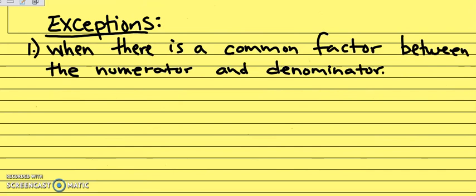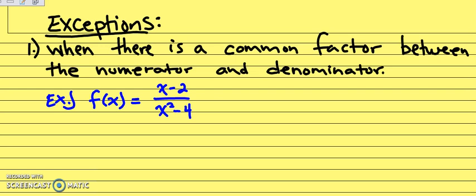An exception is when there is a common factor between the numerator and the denominator, in other words, when you can simplify the rational function. Try to think of a rational function where the numerator and denominator will simplify.